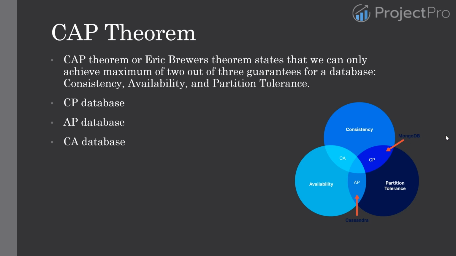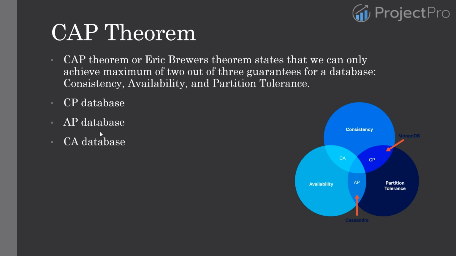We have MongoDB on the CP side, which will give you consistency with partition tolerance, and Cassandra, which will give you availability with partition tolerance, prioritizing them above consistency. And in the CA category, where we have consistency and availability, you will have all the different relational databases like SQL Server, PostgreSQL, MySQL, Oracle SQL, and so on.